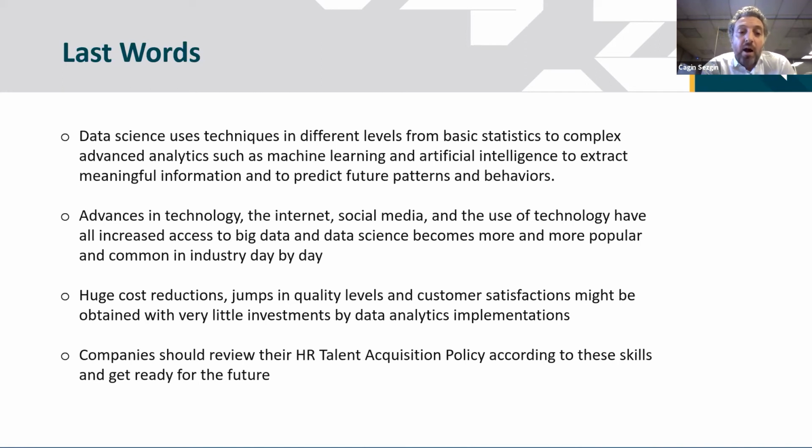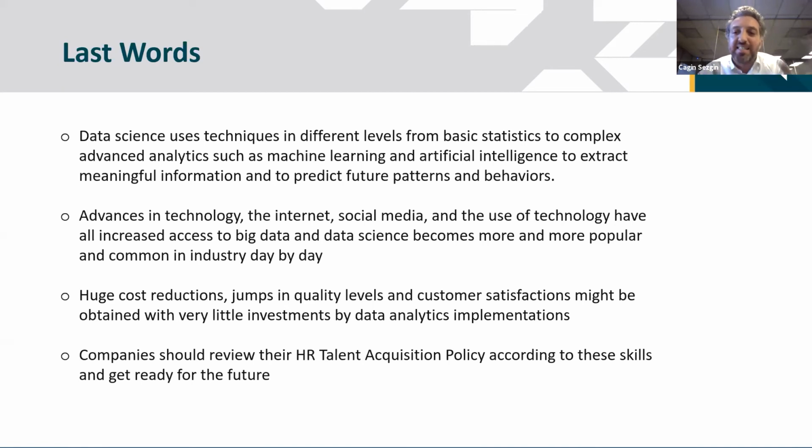And now companies are reviewing their HR talent acquisition policy. Day by day, in the future, you will be hearing it a lot. They are looking for data scientists. They are looking for someone who knows machine learning algorithms, who knows regression, who has a green belt certificate, these kinds of things.